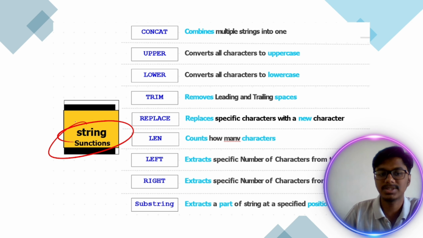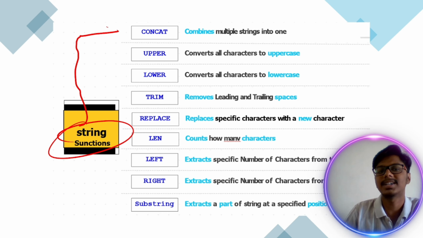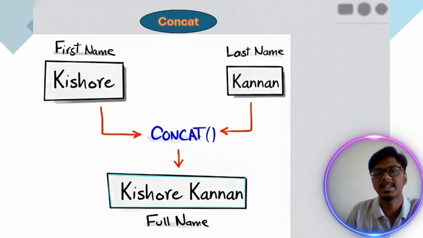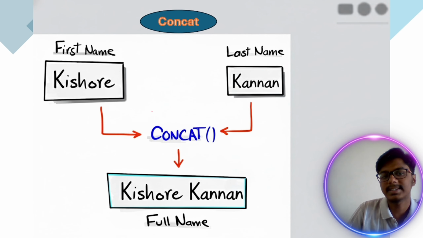We are going to discuss the string functions. The first type is the concat function. What is meant by concat? Concat combines multiple strings into one. For example, if I have my name Kishore, later we will discuss. We are going to concat some things. This is my first name and this is my last name.